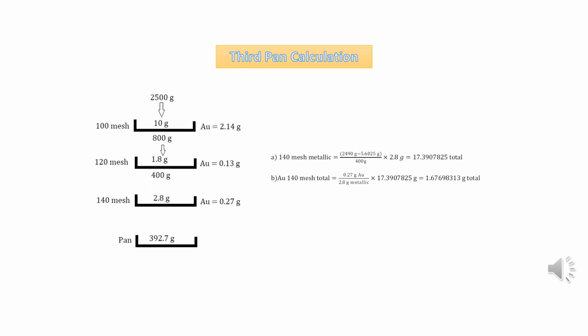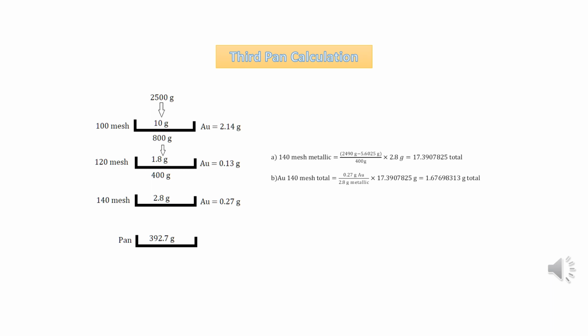And of course, you decide you're not going to run the whole 1,682 grams through your third screen, the 140 mesh screen, because you know that the smaller the screen size, the longer it's going to take to run that through. So you decide you're going to take 400 grams of that material, and you've weighed it.